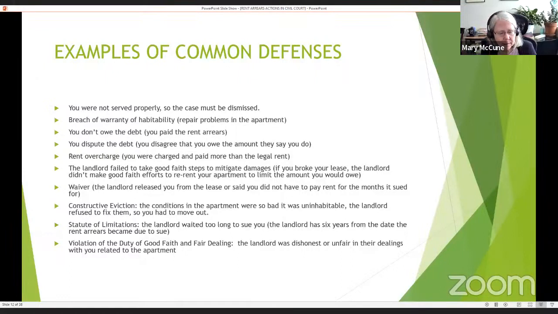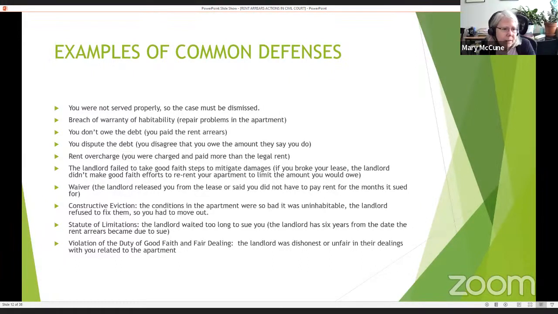And when that happens, the court lacks the authority to hear the case, so the case has to be dismissed. That is a really good outcome for people, especially if you owe the debt and you don't have a reason to say that you don't owe it. You have no other defenses. Not being served properly is something you definitely want to bring up.